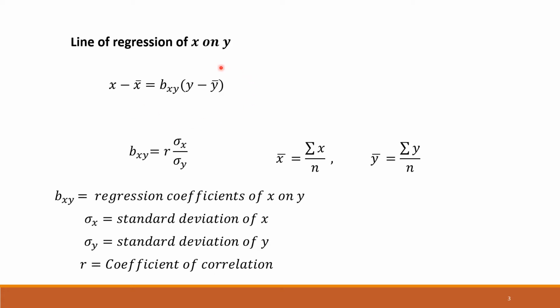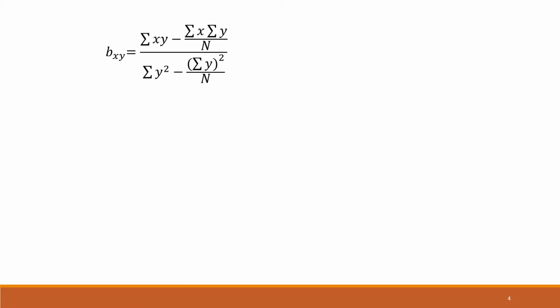So we have solved these type of problems, or we have seen how to write the lines of regressions of x on y or y on x. And we also know that bxy is defined as summation xy minus summation x summation y upon n whole upon summation y square minus summation y the whole square upon n.